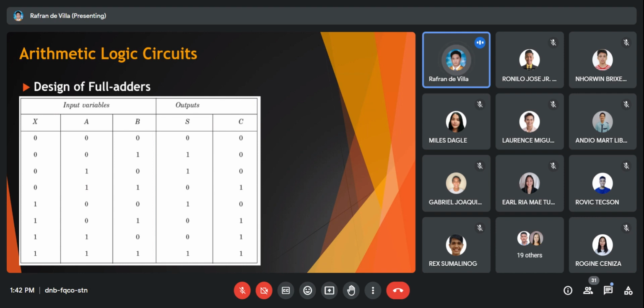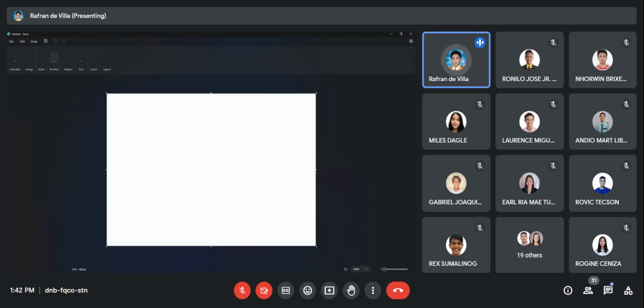To explain why we designed it this way in the first place, let us see how we add numbers. Let's say for example I have here a 3-bit number. I call it A2, A1, and A0.